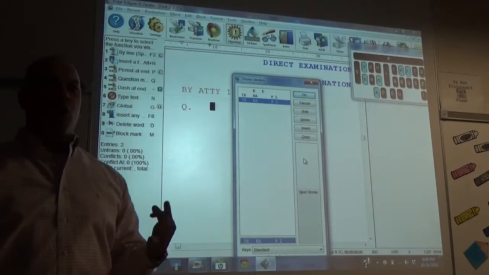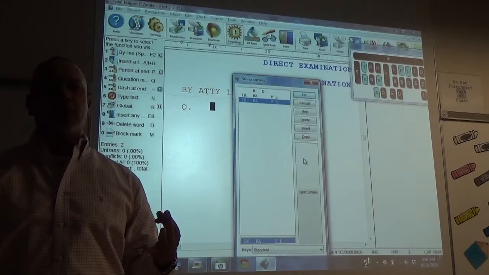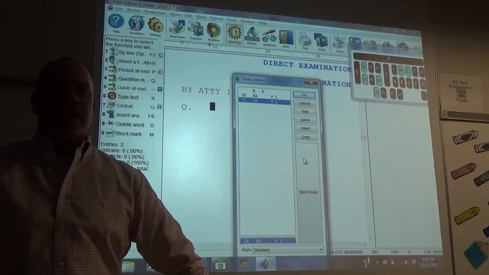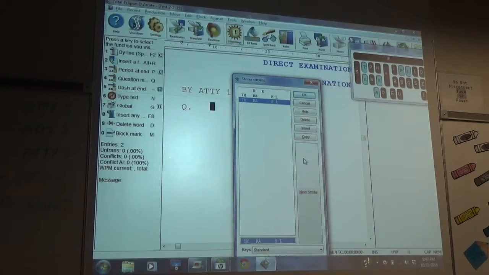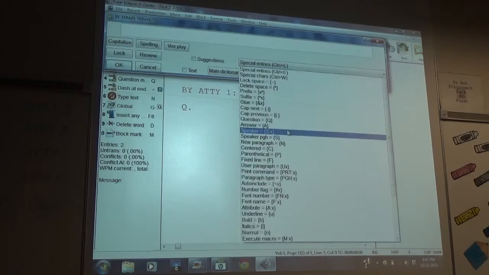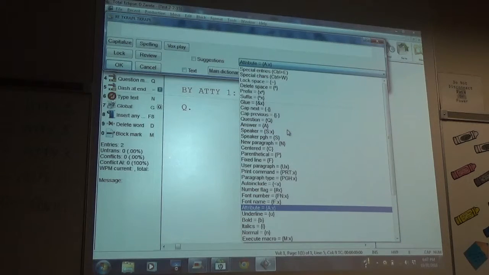You just have to global all three strokes. If you can global all three strokes, you're going to be fine. Now global all three strokes. Special entries, AA.